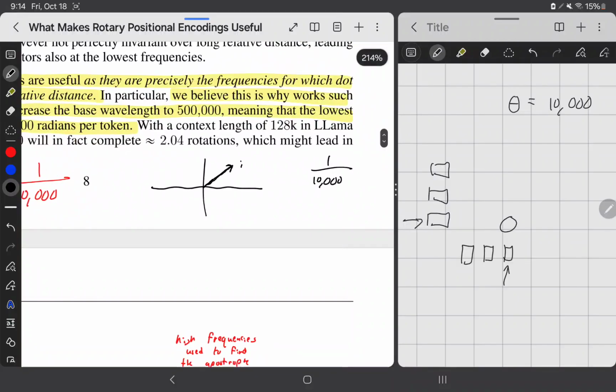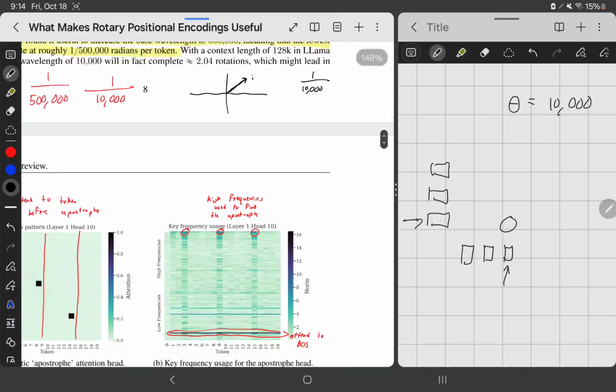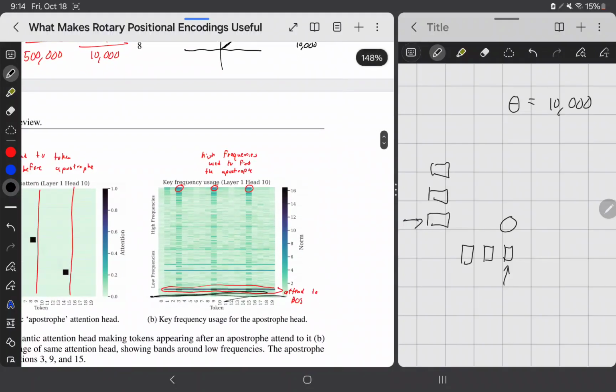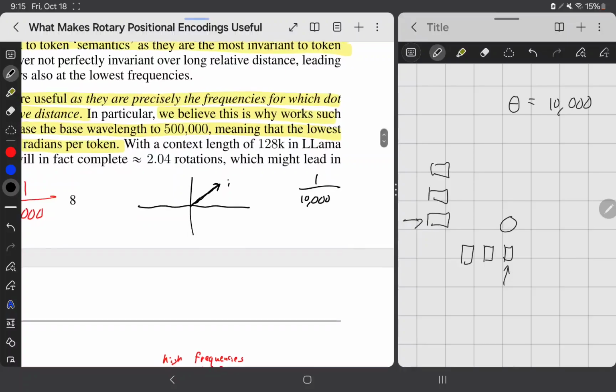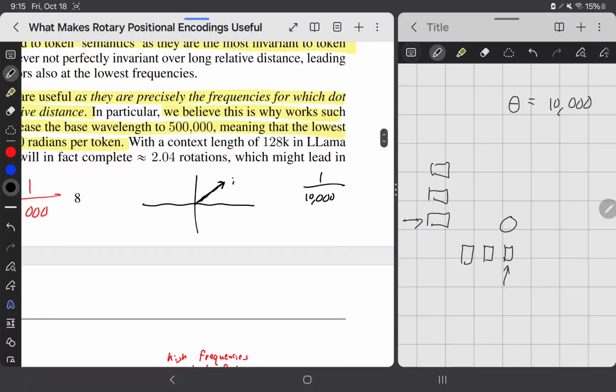If I have a lot of tokens and I am rotating them by maybe not 1/10,000 but something smaller than that, maybe not the bottom frequency we were looking at but a little bit higher, then as the power of r increases, you start to rotate this vector in a significant way.